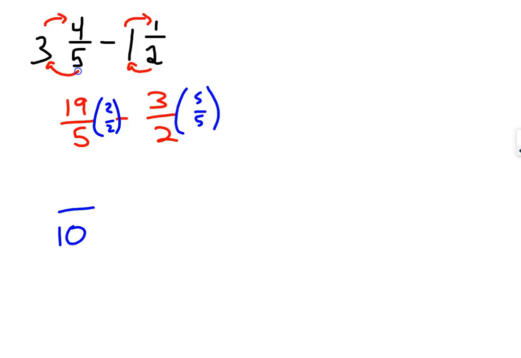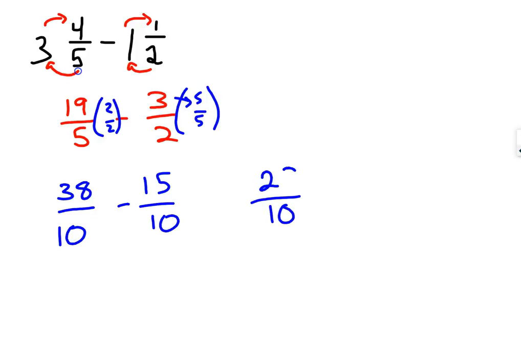19/5 turns into 38/10, and 3/2 will turn into 15/10. Now this is just a simple subtraction problem, keeping the denominator the same always. 38 minus 15 is 23.